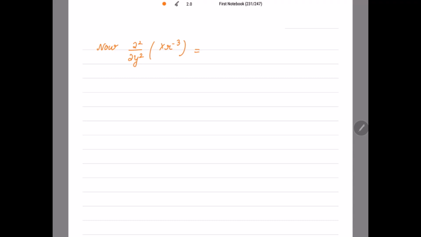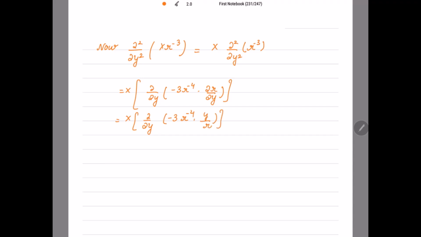Now because we have to differentiate with respect to y twice, x can be taken outside. Now differentiate this. So this is curly over curly y, and this is minus 3 r the power minus 4 curly r over curly y, which is y over r, and then it's minus 3x curly over curly y of y r the power minus 5.